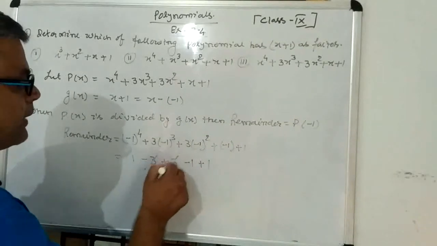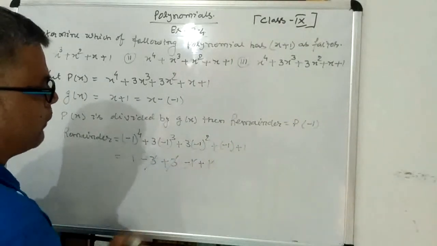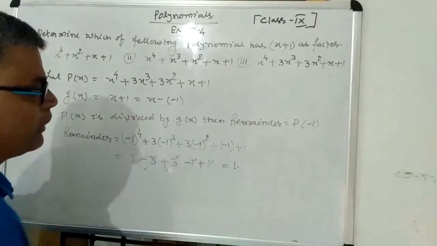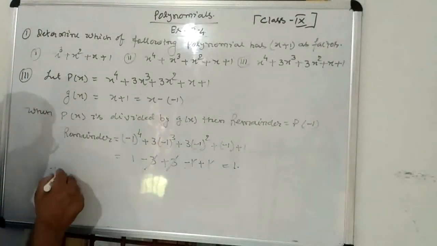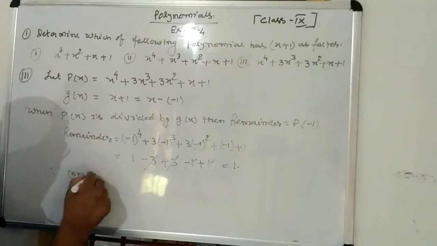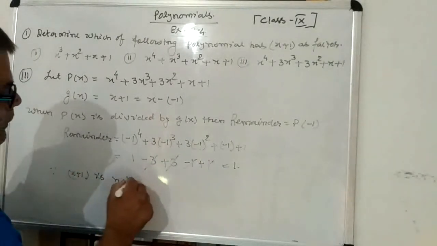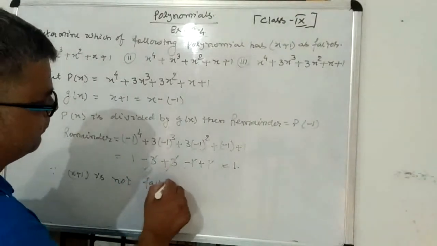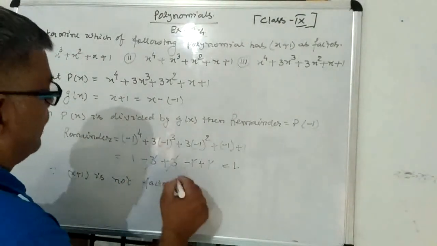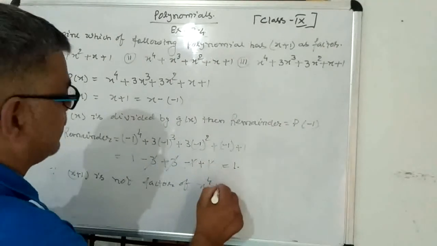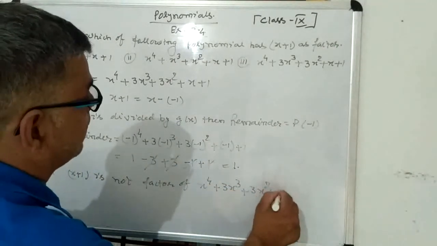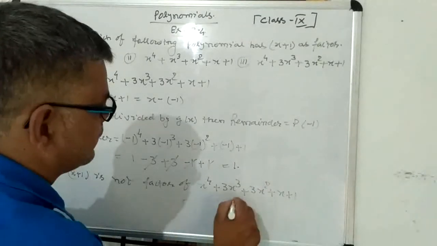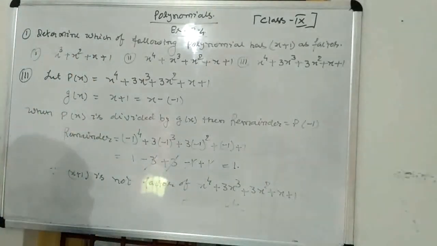So minus 3 plus 3 will get cancelled, minus 1 plus 1 will get cancelled. So its value is again 1. So write x plus 1 is not a factor of x to the power 4 plus 3x cube plus 3x square plus x plus 1, and this is your required solution. In this way you have to solve it.